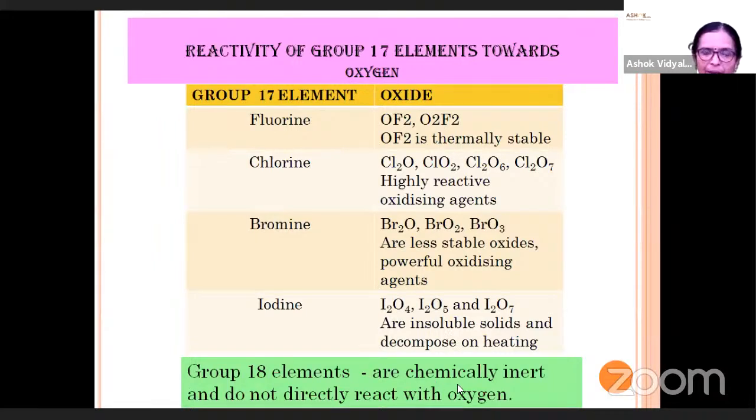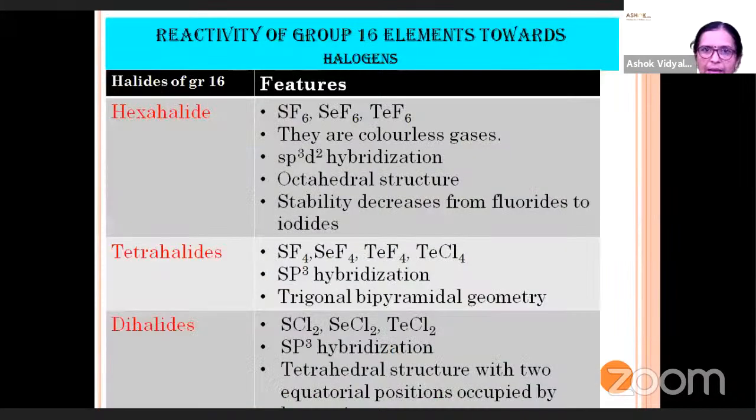Group 18 elements are chemically inert and they do not directly react with oxygen. Then we'll move to the next slide, that is reactivity of group 16 elements towards halogens.